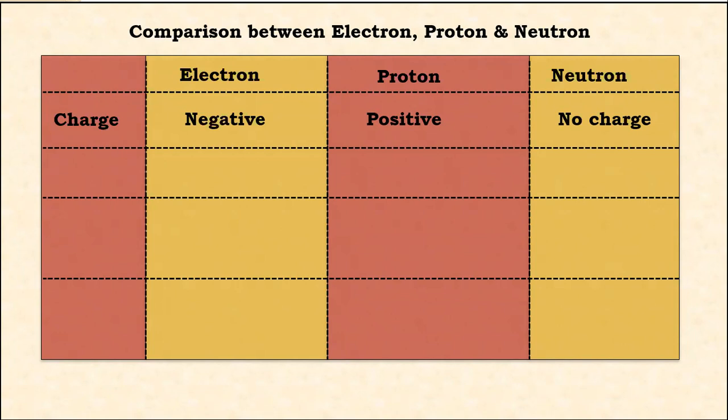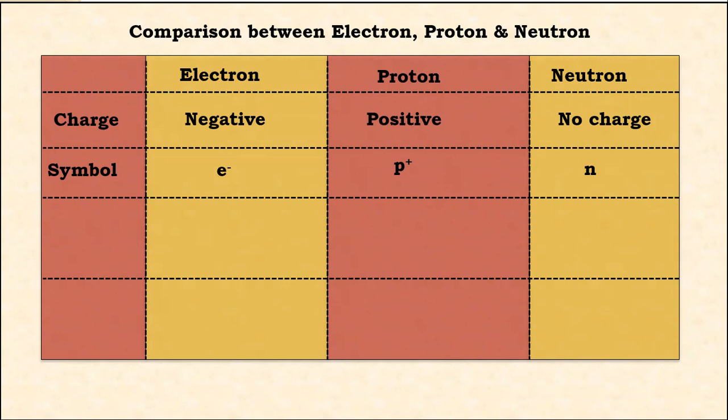We will use some symbols. Electron is represented by a small letter e with a minus sign. Proton is represented by a small letter p with a plus sign, whereas neutron is represented by only n or n raised to 0, that is, no charge.